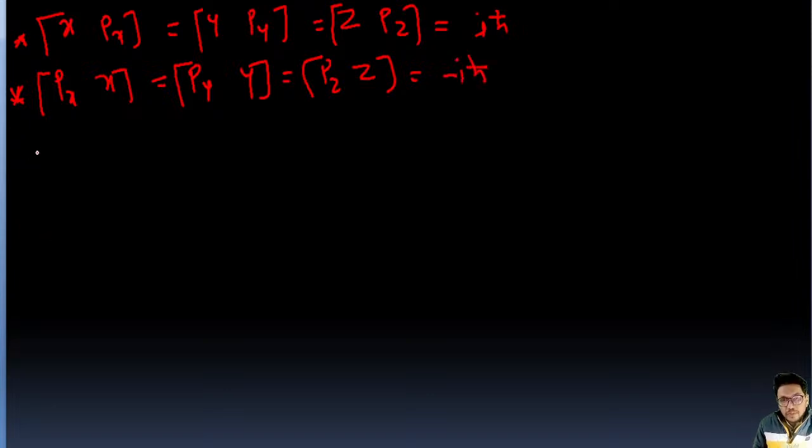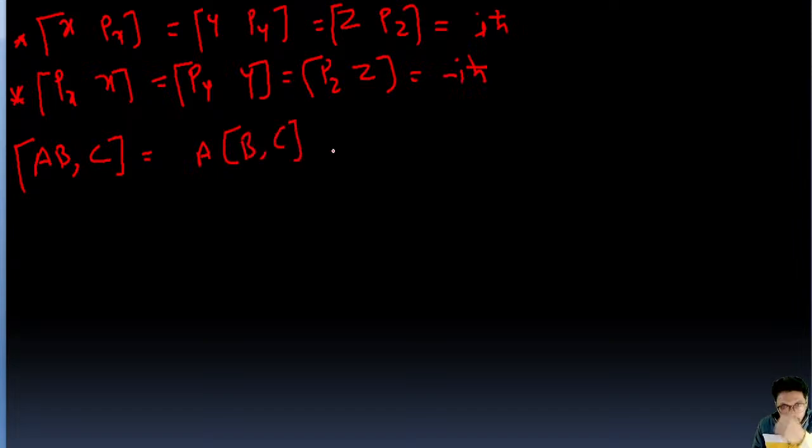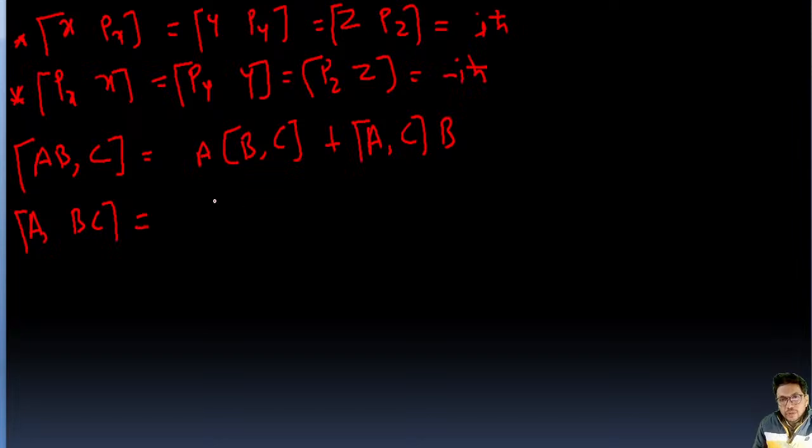And this property also you need to know: A comma BC is AB into C plus B into AC, and similarly the other property.